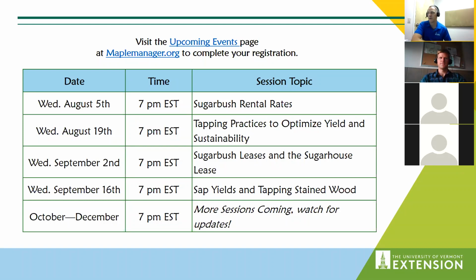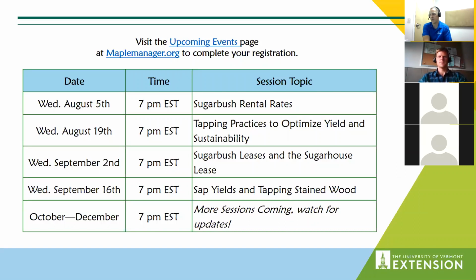This is the upcoming calendar that we've got. We do have 3 more sessions planned, one on August 19th, one on September 2nd, and one on September 16th. We do have a full schedule from October through, I think, December 12th. We just haven't posted it yet. So you can see the topics coming up: tapping practices to optimize yield and sustainability. We mentioned Sugarbush leases. We'll work through the new Sugarbush lease template, and hopefully we'll have the Sugar House lease finalized by then as well.